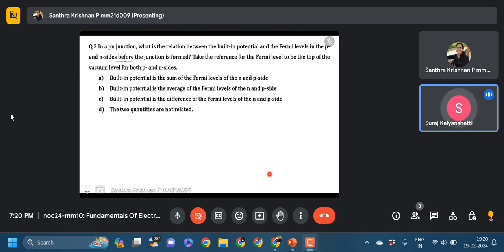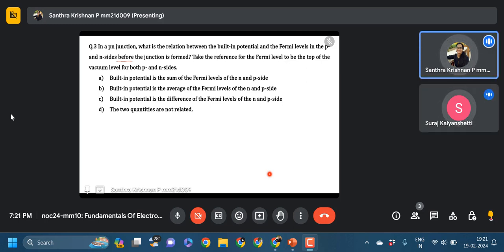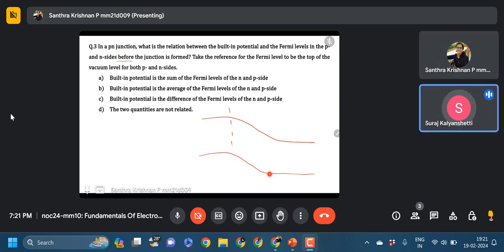So I think we can do it from the equation. If you remember from the equation, then it's fine. Otherwise, there would be another diagram like this, right? But they are asking what is the relation between the built-in potential and the Fermi level in the P and the N sides before the junction is formed.